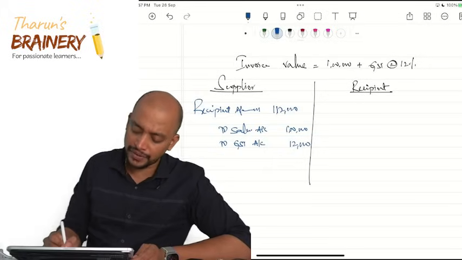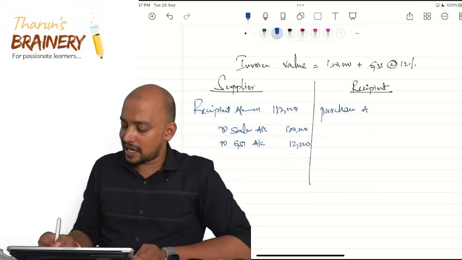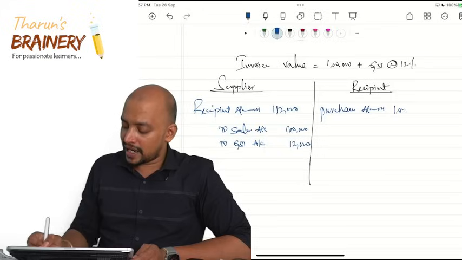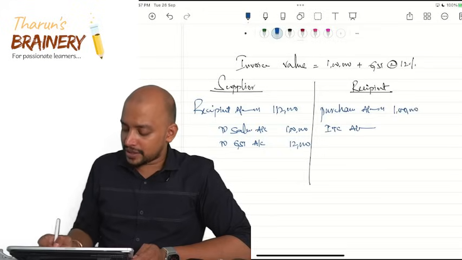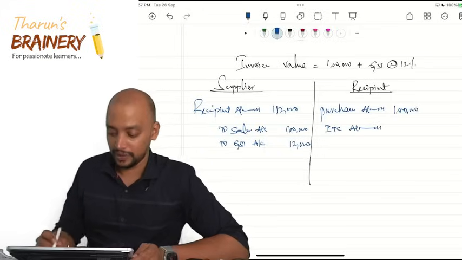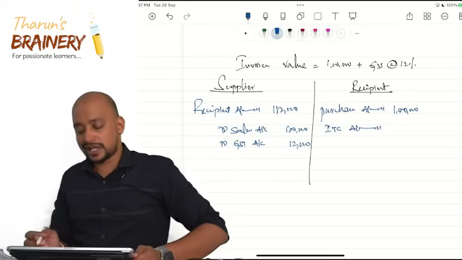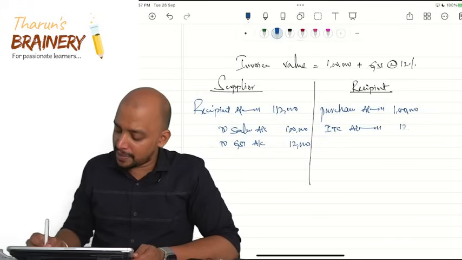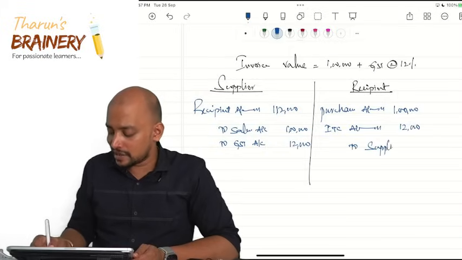Whereas what will the recipient do? Recipient will record purchases account debit, that is 1 lakh, then ITC account debit. Input tax credit for recipient, whatever GST paid on purchase, will be known as input tax credit. So input tax credit account debit 12,000 to supplier account, that is 1,12,000.